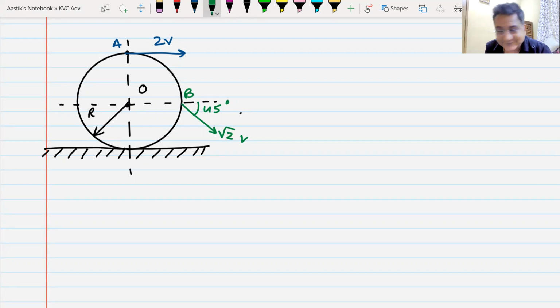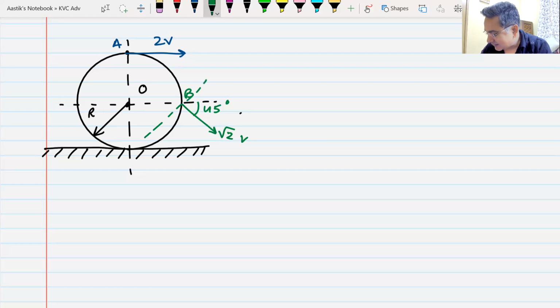Student: Sir, what do we have to find? Teacher: Where is the center of rotation? Student: It is at the point of contact, sir. Teacher: Center of rotation, and it is at the point of contact.